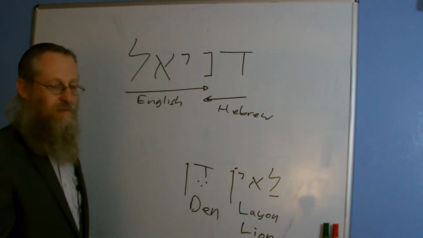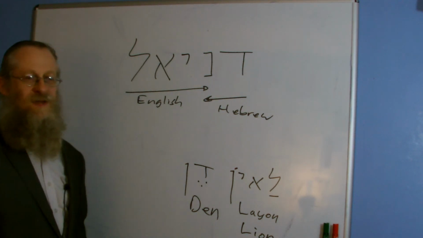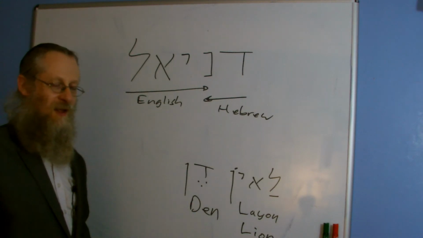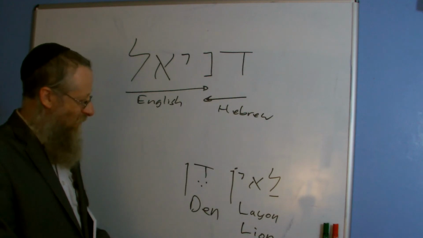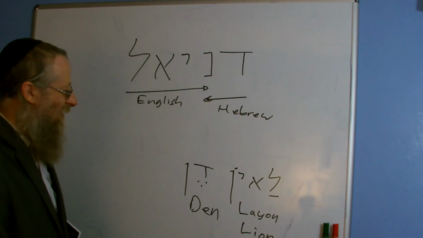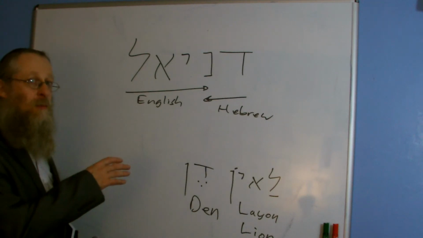And that's probably one of the highlights of Daniel's life, that he goes into a lion's den and he's not eaten alive by these lions. So we've actually got the English hidden in his name.